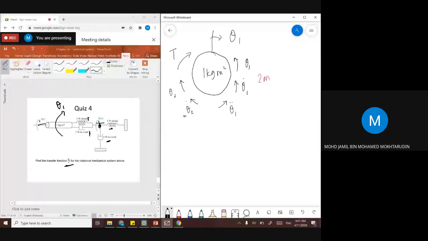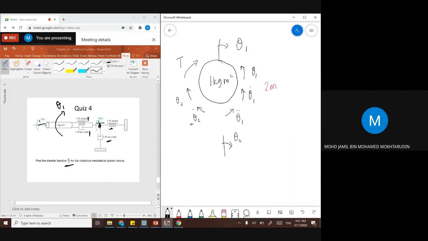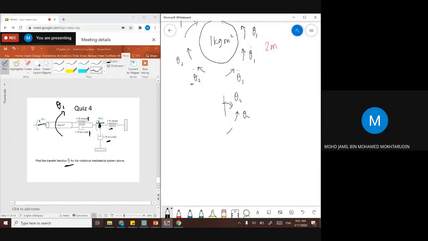Okay, let's look at theta 2. So on theta 2 you have two springs and two dampers connected to it. Okay. So kita tengok kat spring dulu. So spring theta 2, damper theta 2 dot, another spring theta 2, and another damper theta 2 dot.